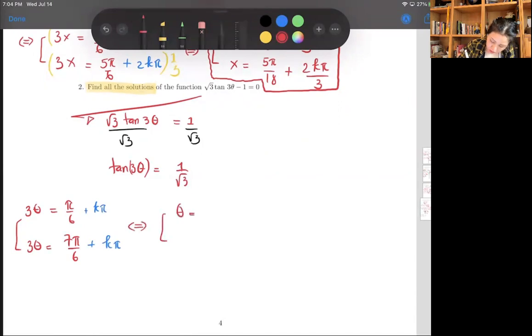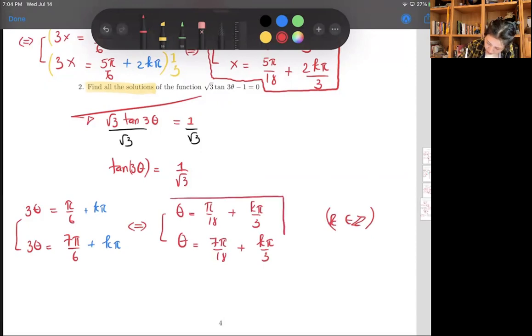Multiply both sides by 1/3. Theta equals pi over 18 plus k pi over 3, or theta equals 7 pi over 18 plus k pi over 3, where k is the set of integers. So those are my solutions.